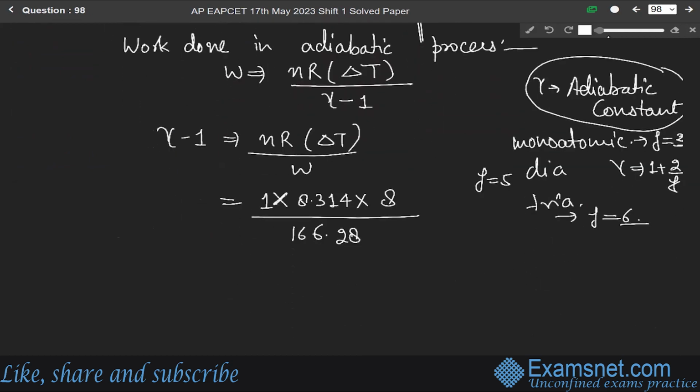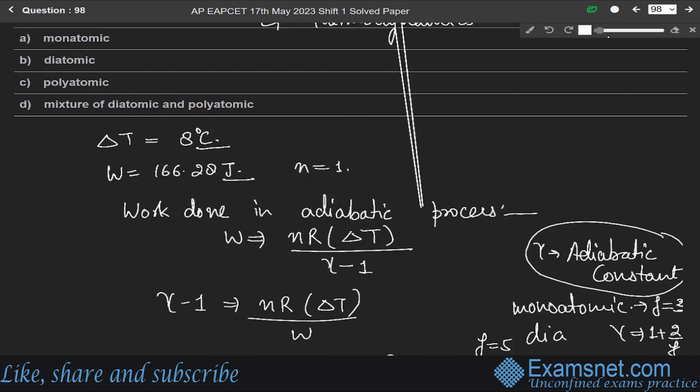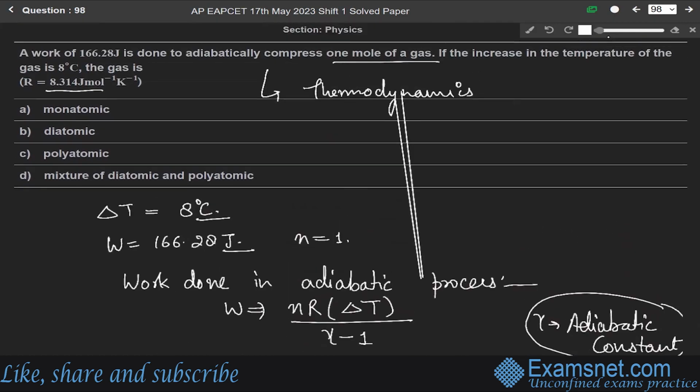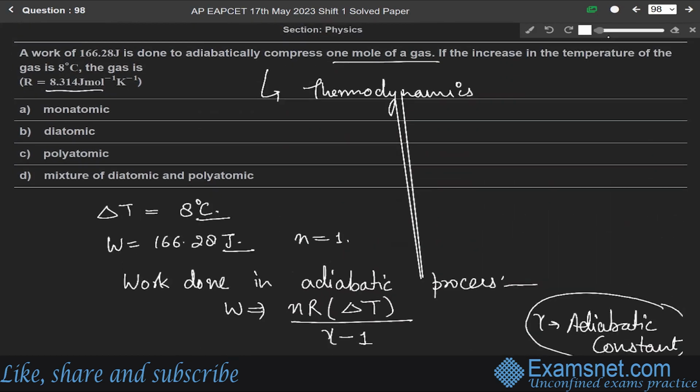Solving this, we get gamma minus 1 equals 0.4. So gamma will be 0.4 plus 1, which is 1.4. This is the correct answer, since for a diatomic gas gamma is always 1.4. So this gas is diatomic, and option B is the correct answer.